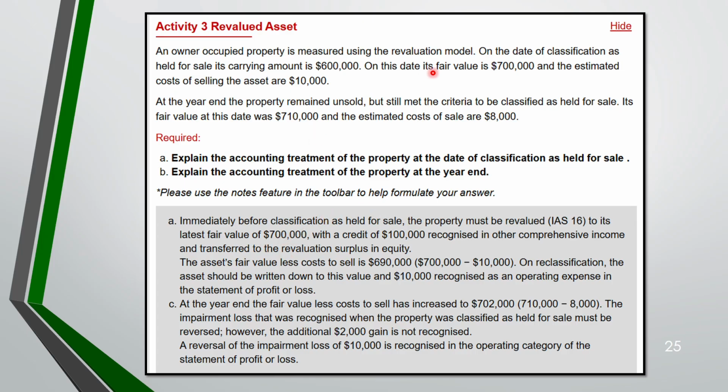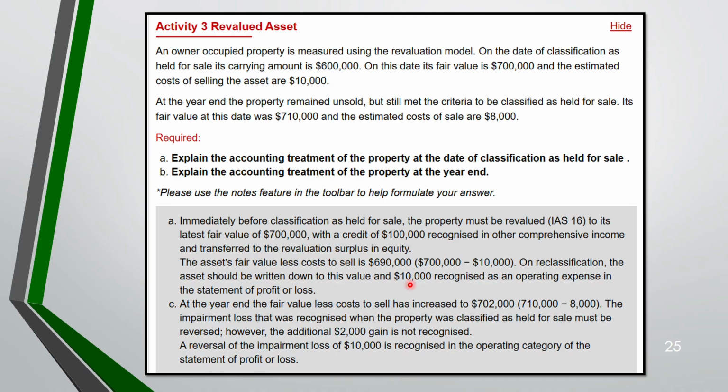But this is at a revaluation model, IAS 16 revaluation model. Immediately before you classify as held for sale, property must be revalued to its latest fair value, that is 700,000. You see the fair value is 700,000 with a credit of 100,000 recognized in other comprehensive income because it is under IAS 16 revaluation surplus.